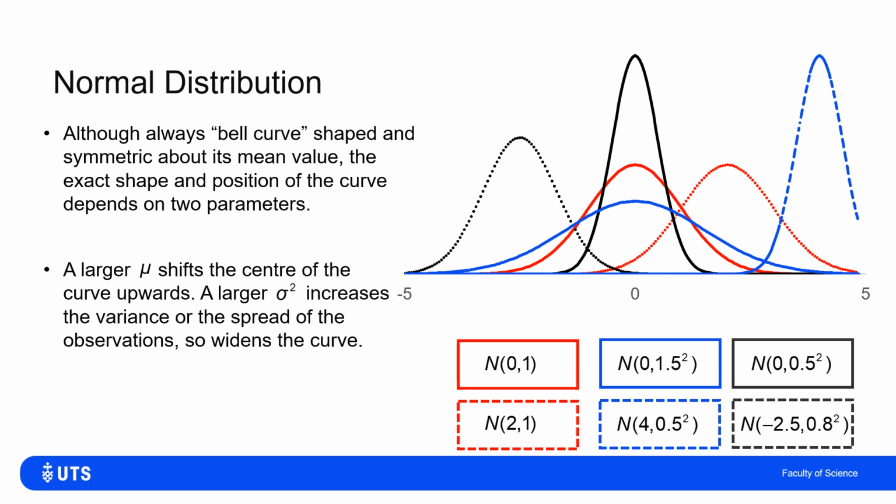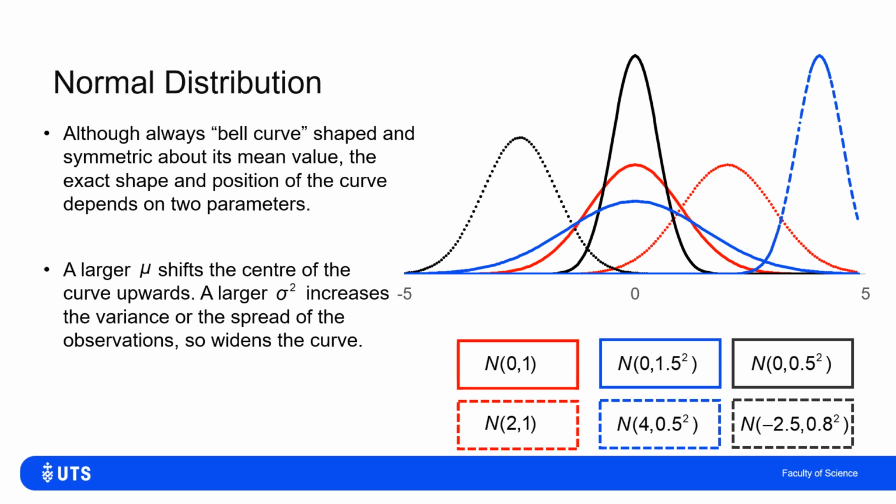And you can just pause this if you like and look through the others and convince yourself that the first parameter, the mu, is deciding where the peak of the distribution is, where the middle of the distribution is, and that the sigma squared parameter is deciding how tall and tightly packed or short and spread out it is.